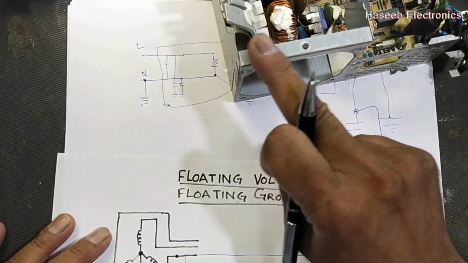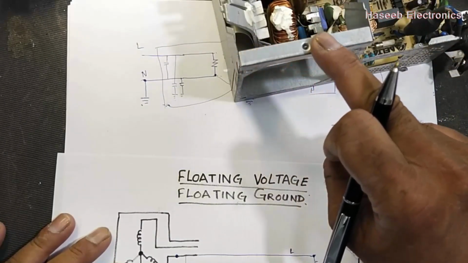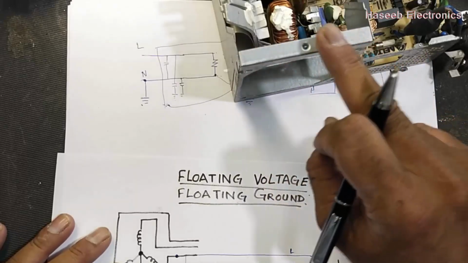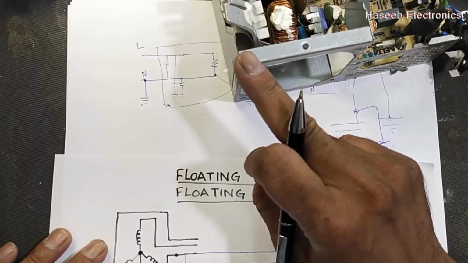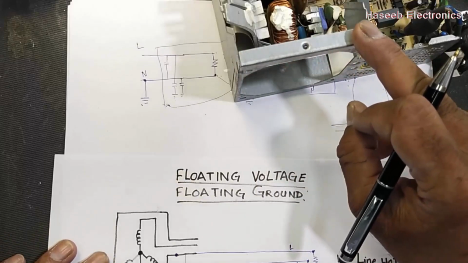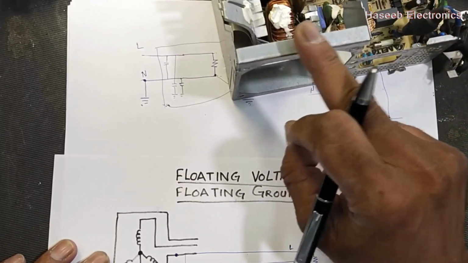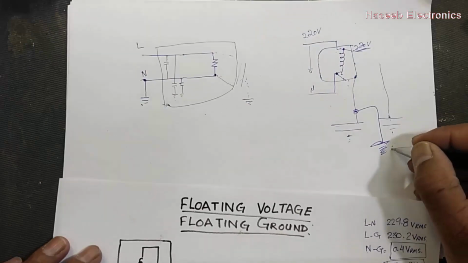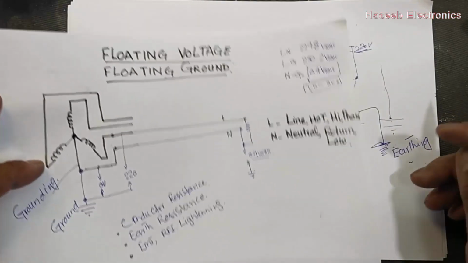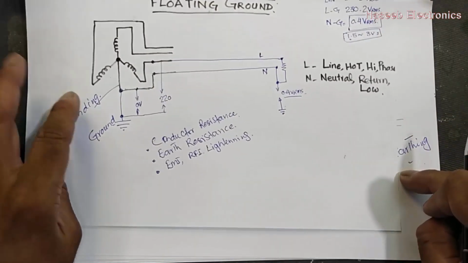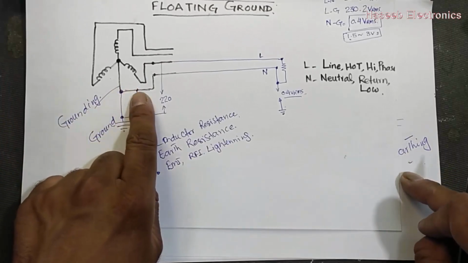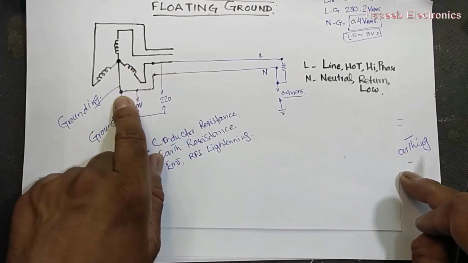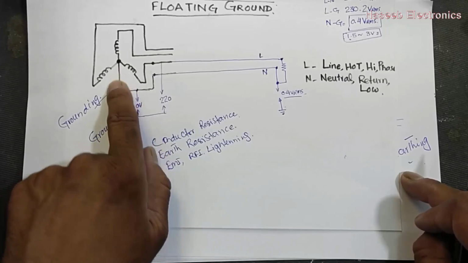In normal conditions, it is not a current carrying component. It has no current, so it is a dead metal. When we connect a dead metal to an earth point, it is called earthing. We have two definitions here. When we connect a low side current carrier, that is called the neutral point.